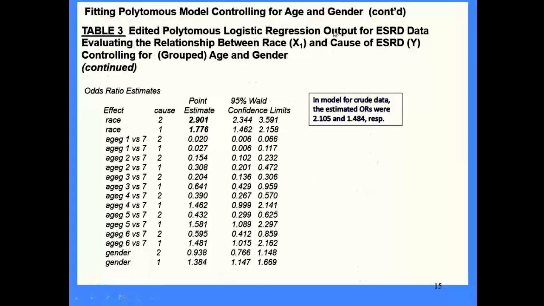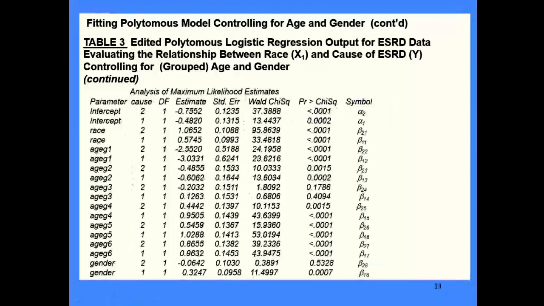This says edited Polytomous Logistic Regression output evaluating control for age and gender, the same heading. But you notice on the top, underneath that, it says odds ratio estimates. So you see this 2.901? Where did that come from? It comes from exponentiating 1.0652, which is the coefficient of the race variable for one of the components.